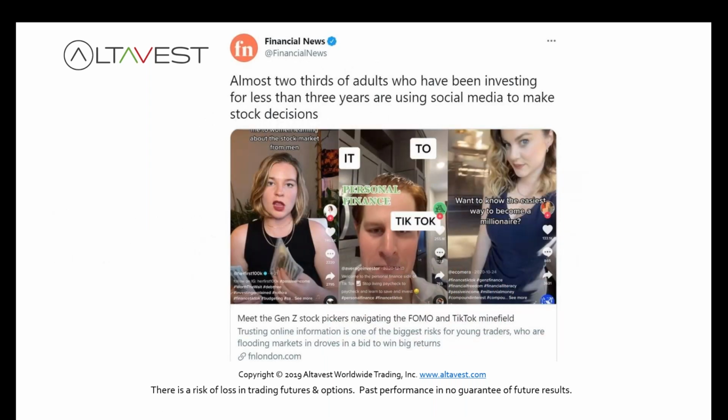This was interesting. This is something I thought I had to put in here. 2/3 of adults who've been investing for less than 3 years use social media to make stock trading decisions. So how many of us can relate to that? Maybe you can or maybe you can't, but I don't think that's a really smart idea in the long run.